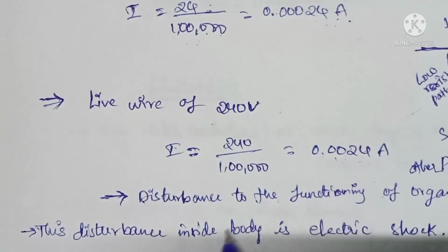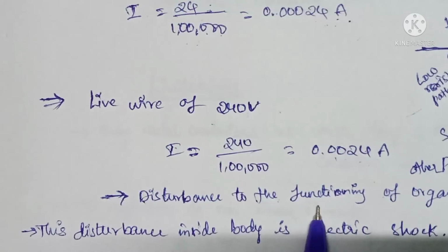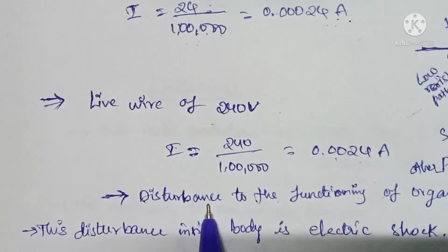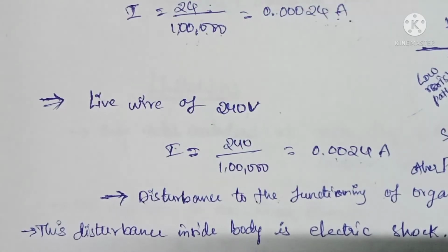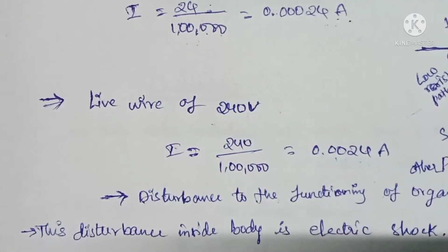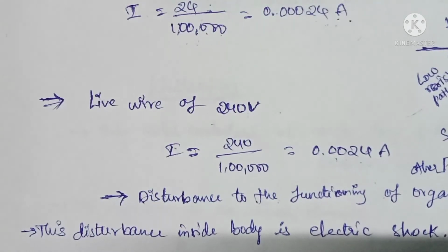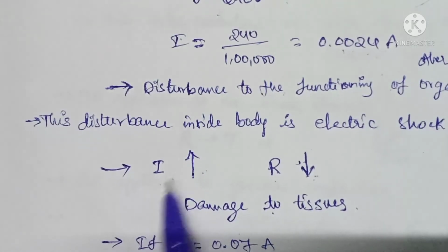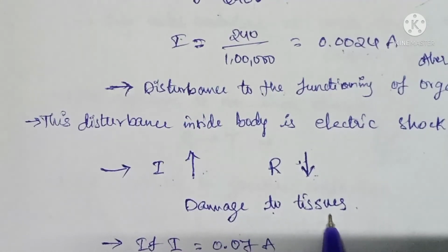This current causes disturbance to the functioning of our organs, and this disturbance is called electric shock. If this current further flows through our body, then the resistance of our body decreases, and the increased current will damage the tissues.